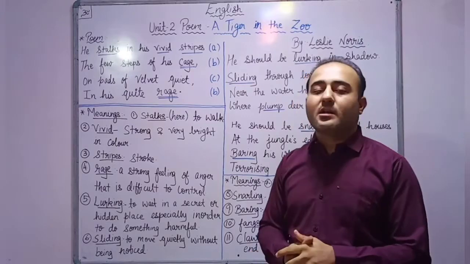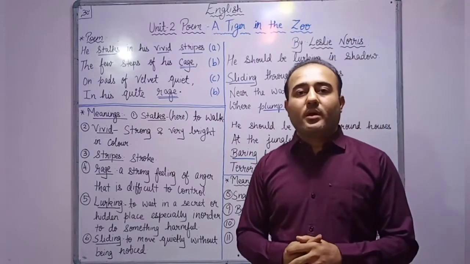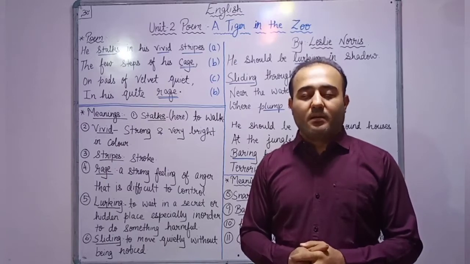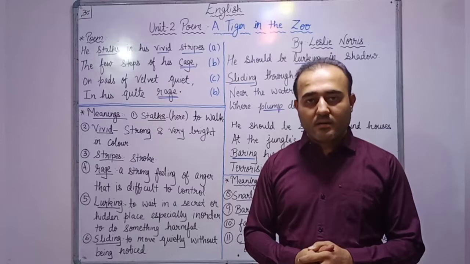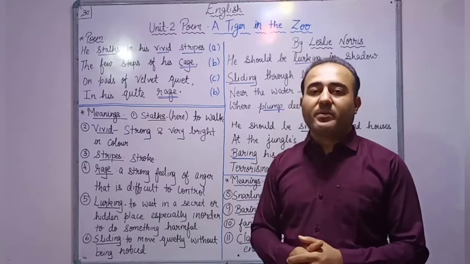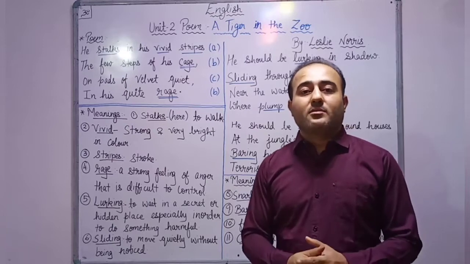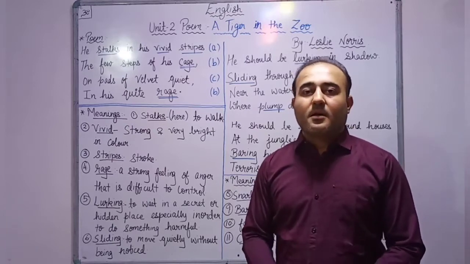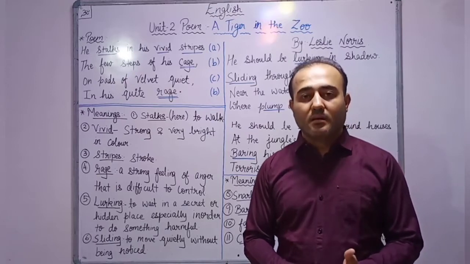Then in his quiet rage. Through these lines, the poet explains that the tiger is full of anger because it is kept in the cage, but it tries to suppress or control its anger because it knows that it cannot do anything here. It is helpless.